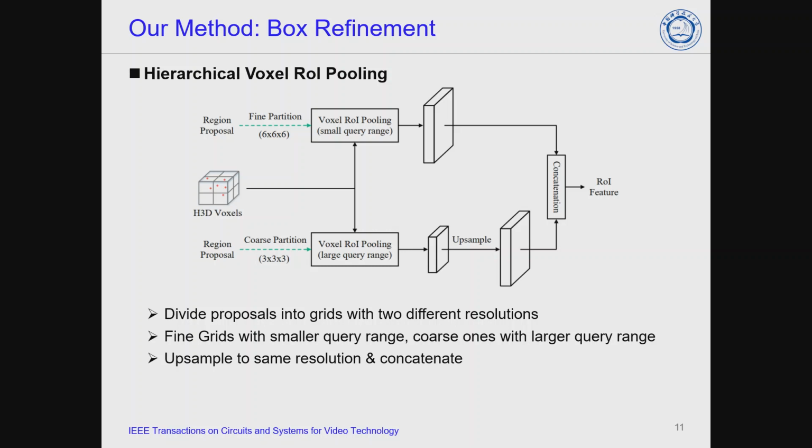After performing local feature aggregation, features of the coarse grids are upsampled to the same resolution as the fine grids. Then, they are combined to get the RoI features. After extracting RoI features, the region proposals are refined by the detect head. The detect head of our H2 3D RCNN is the same as PV RCNN and Voxel RCNN.